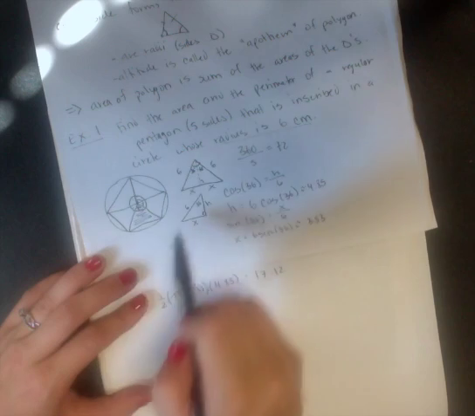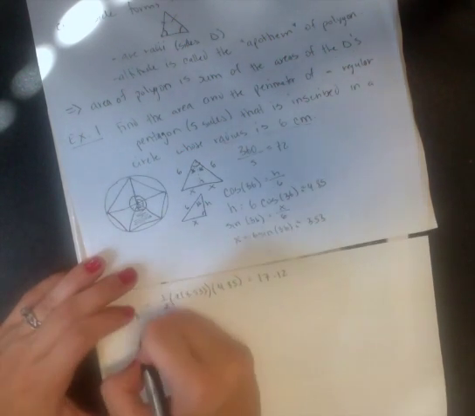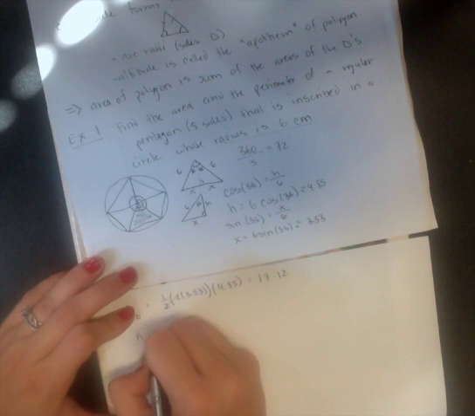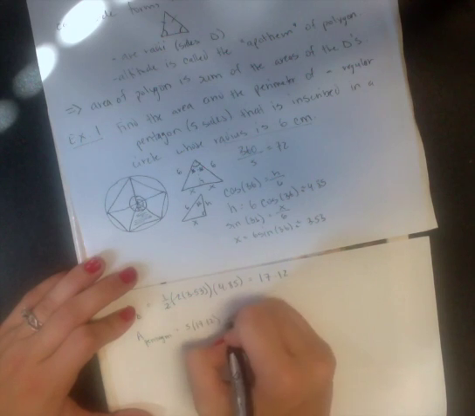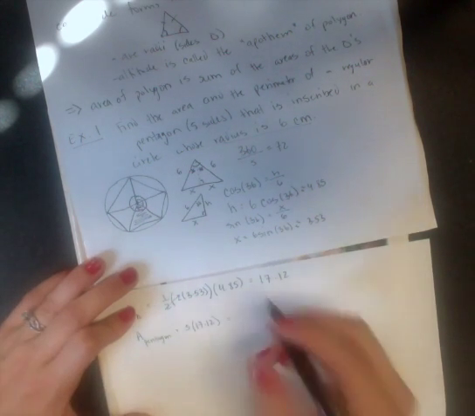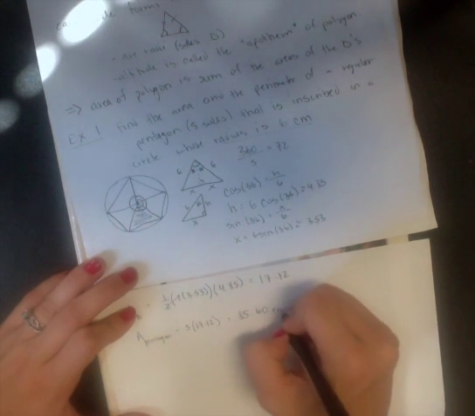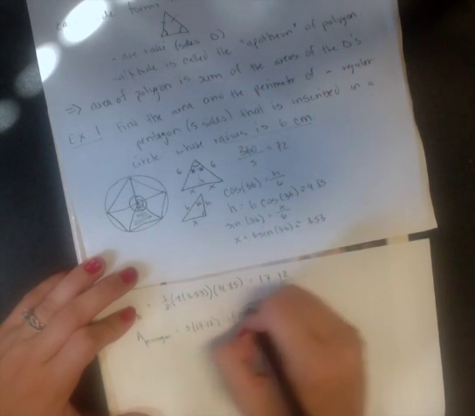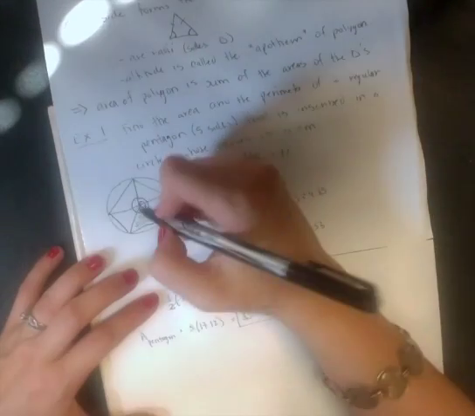And to find the area of my whole pentagon, I know that the area of my pentagon is going to be 5 times that triangle, and it gives me 85.60 centimeters squared. Now, what you could have done is we found this sub-triangle here.